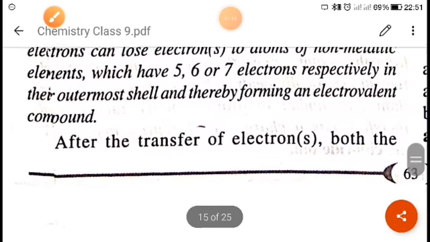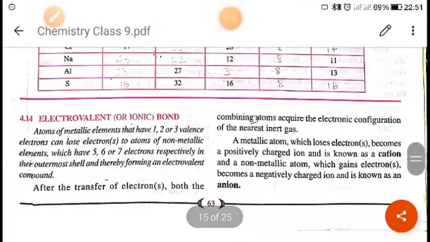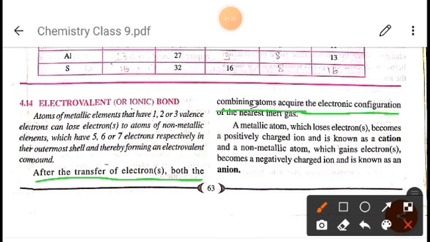After the transfer of electrons, both the combining atoms acquire the electronic configuration of the nearest noble gas.